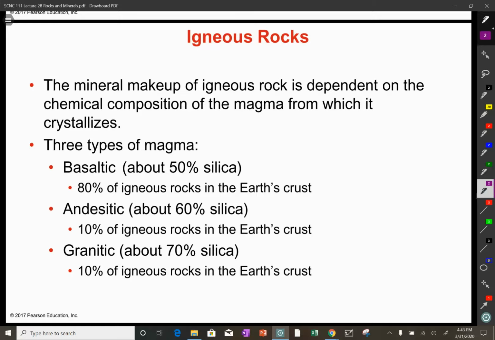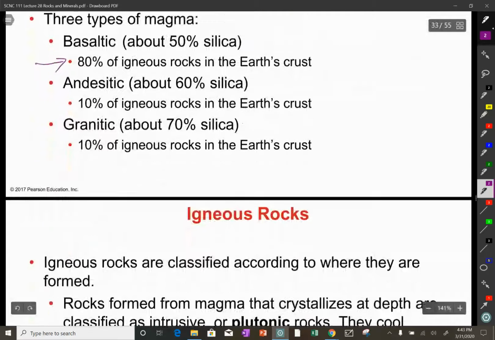And so basaltic, now remember I talked about basaltic as freezing quicker, but basalts are about 50% silica, granite about 70% silica, andesite about 60%. So these are ranges of silica in rocks. About 80% of our igneous rocks are basaltic. Granite is a small component. Granite, very slow freezing.